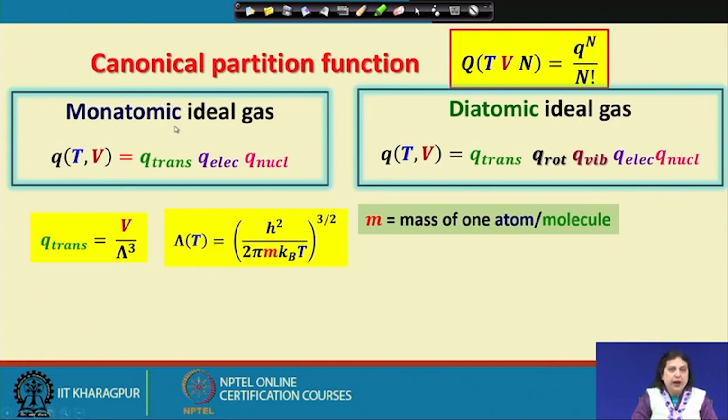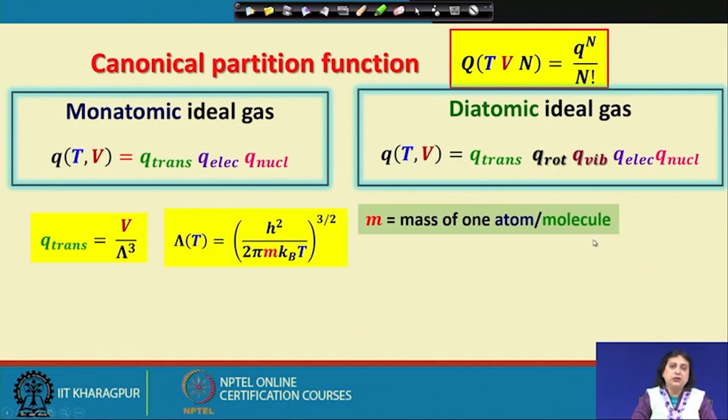Therefore, in the case of the monatomic ideal gas, this small m is the mass of each atom present in the system, and in the case of the diatomic ideal gas, this corresponds to the mass of each molecule, which evidently is the total mass, or the mass associated with the center of mass of the molecule.